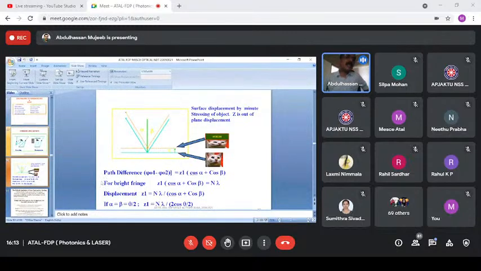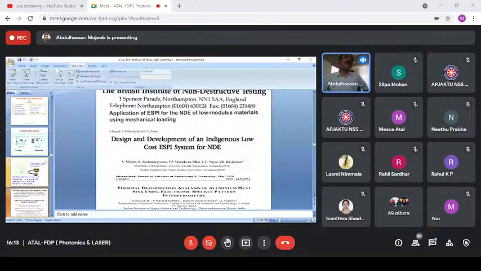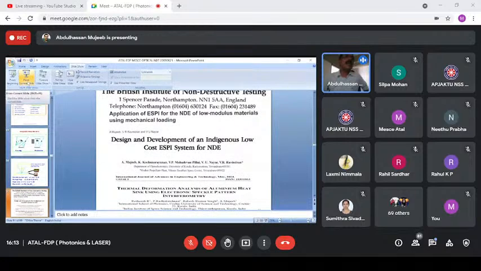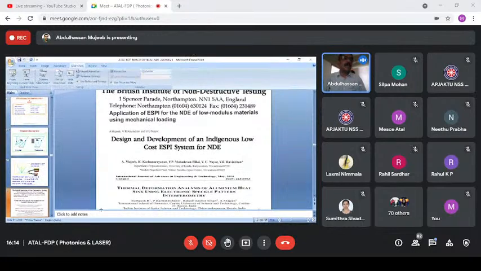With this understanding, I'm going to share some of my research work on laser holographic interferometry that we have published in the British Institute of Non-Destructive Testing, and also how to design a non-destructive testing facility, and how thermal deformation analysis of aluminum, using electronic speckle pattern, etc., can be used for research.